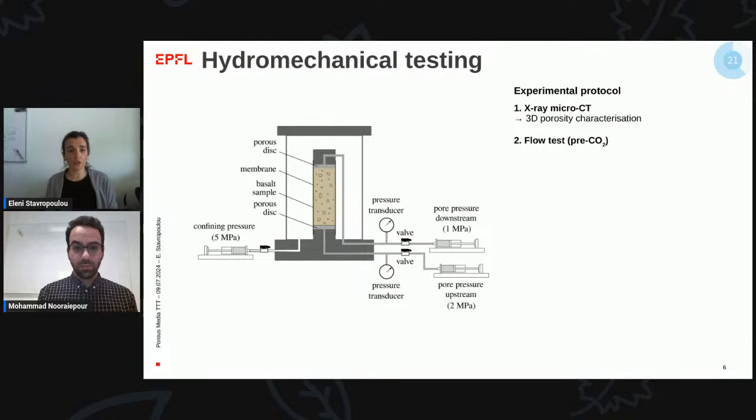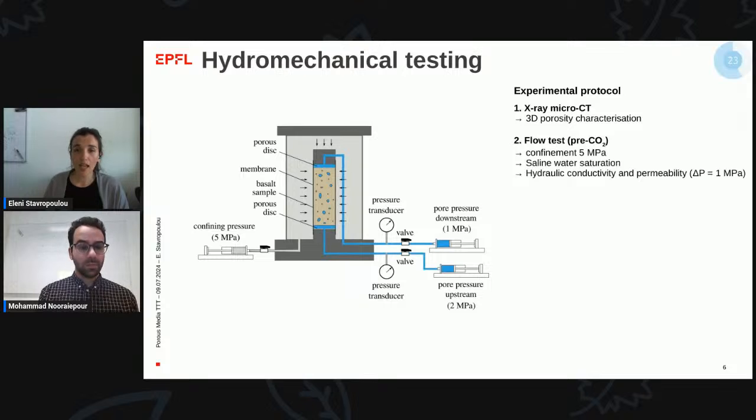We then put it in our hydromechanical cell to perform a flow test and assess the flow properties of the material. So initially, we applied an isotropic confinement of 5 MPa. And then we saturated our sample with saline water, so with seawater, in order to assess the hydraulic properties, for instance, permeability at its initial state.